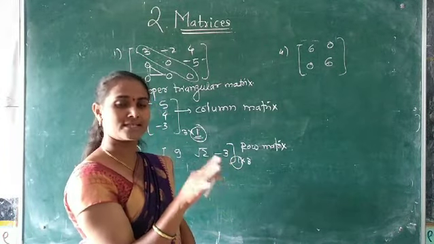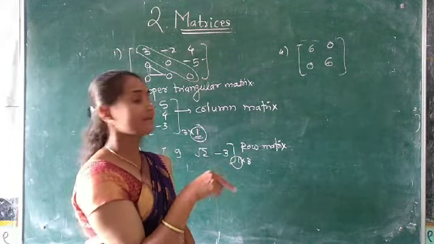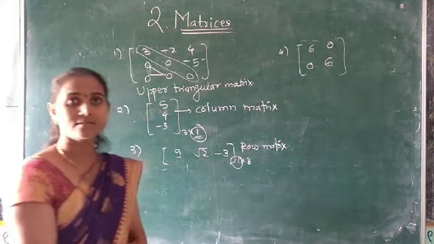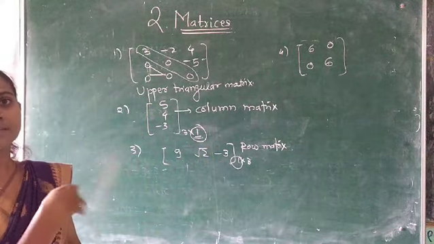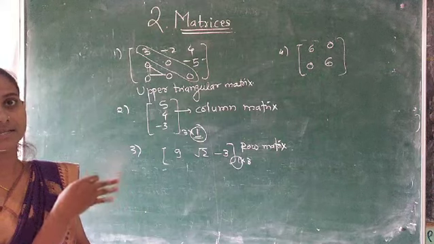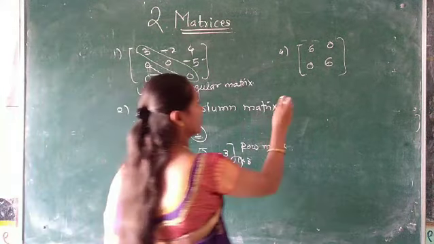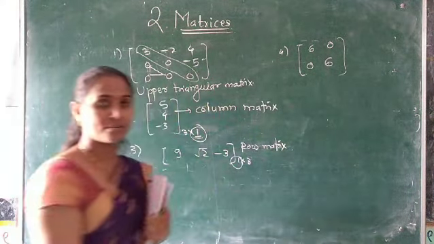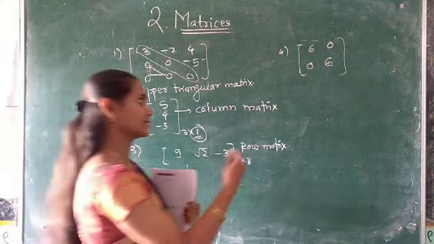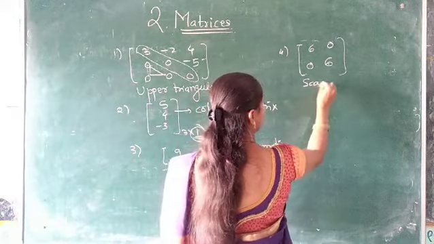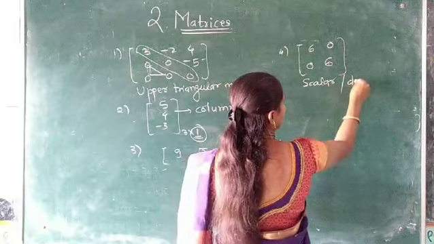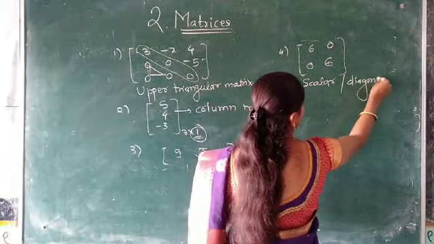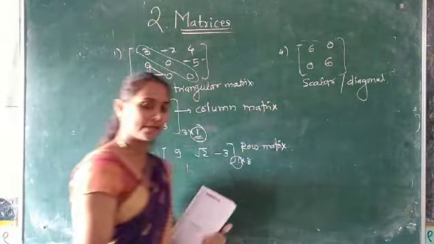A scalar matrix is a square matrix in which all diagonal elements are the same and all non-diagonal elements are 0. So it is also called a diagonal matrix, or we say that it is a scalar matrix.